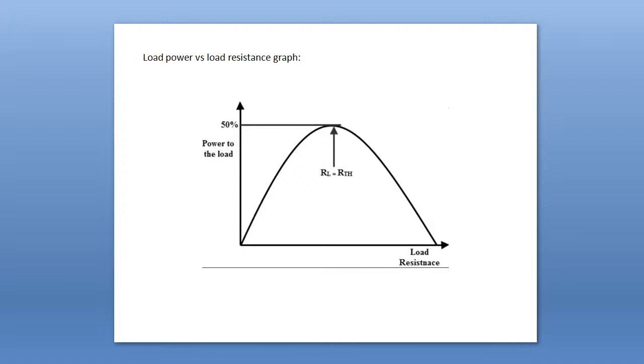There is no reflection of the signal from the load side. Whatever is coming from the source side is totally absorbed at the load side. Whatever power comes from the source side to the load side, the load absorbs that amount of power. I mean, the load does not reflect back any power.